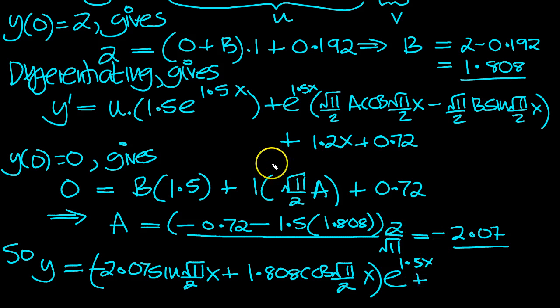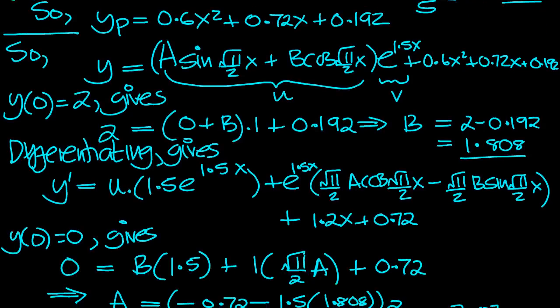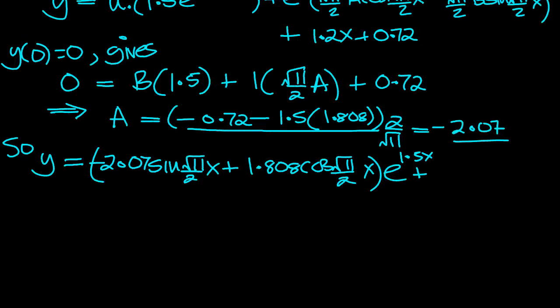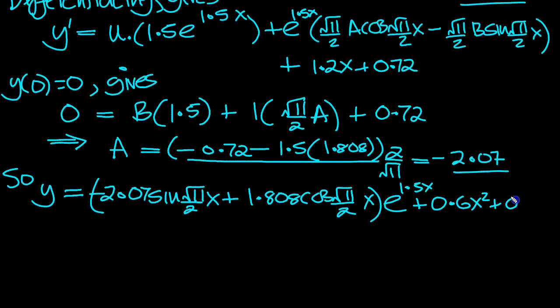Plus, and then it was the values of the yp, 0.6, 0.72 and 0.192. So 0.6x squared plus, and I'm going to have to remember again, 0.72x, and then it's plus 0.192.